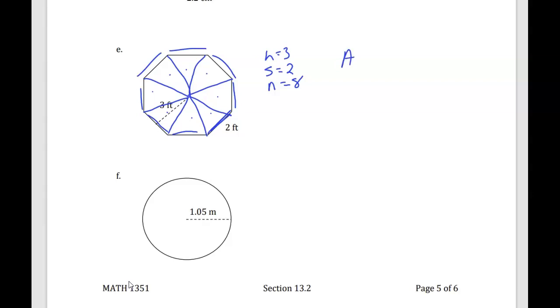And so my area would be 1/2 of 3 times 2, which is the area of each triangle, and I have 8 of those. And so I multiply this out, and I would get 24 feet squared.